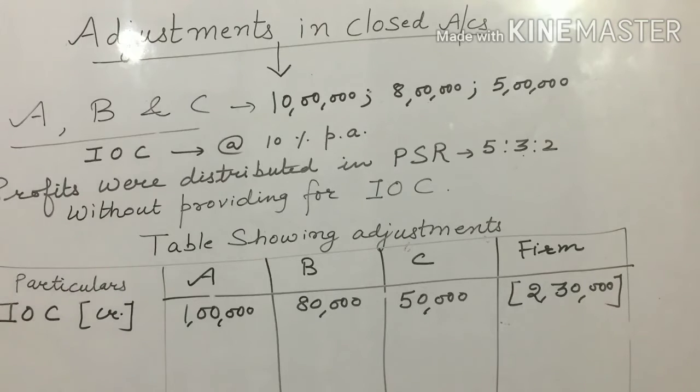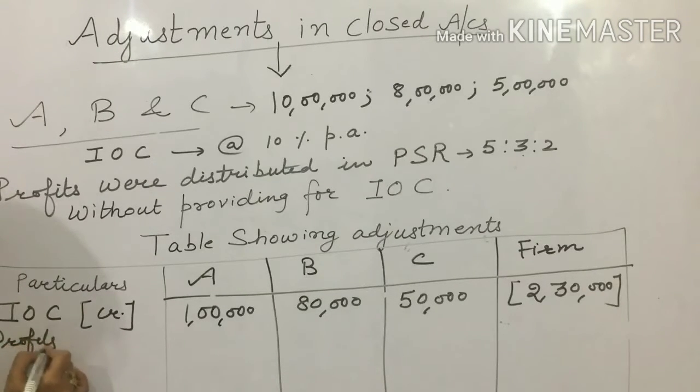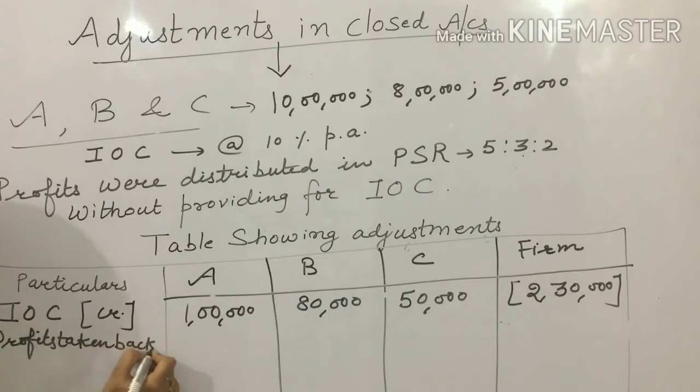Now, the firm already has distributed these profits to the partners. In which ratio? 5:3:2. So, it will take back its profits from the partners again in the same ratio. So, second, profits taken back. Profits were given to them in which ratio? 5:3:2.